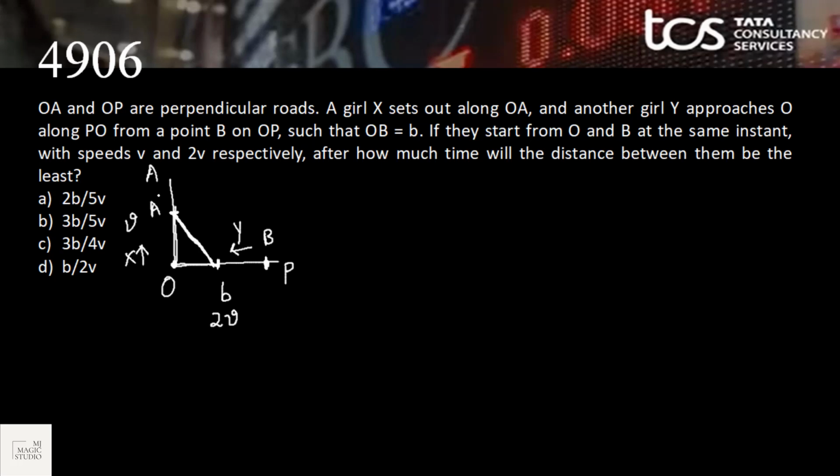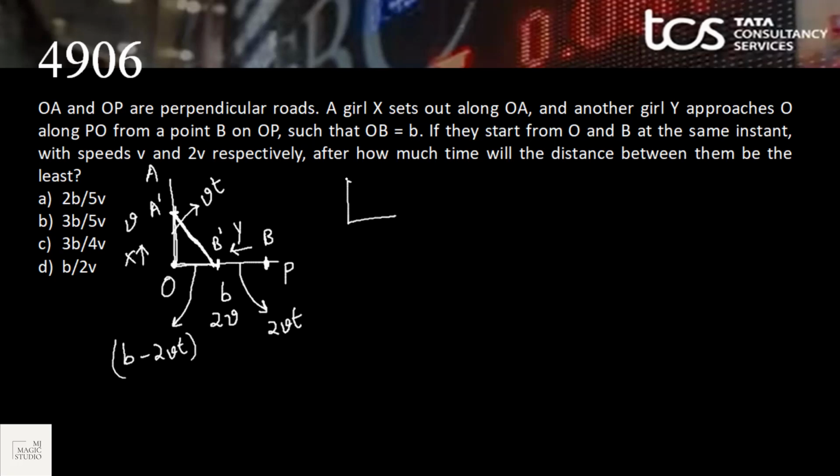OA dash is equal to, traveling at a speed of v and in time t, vt. Distance is equal to speed into time. And this OB dash, to calculate OB dash, first we need B dash B. That would be 2vt. So OB dash would be B minus 2vt.